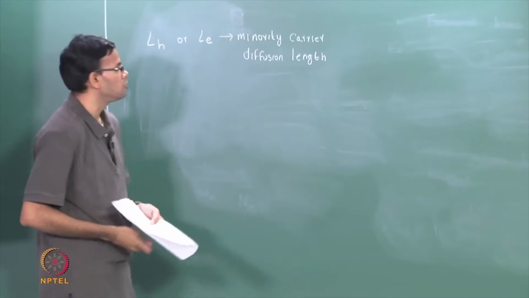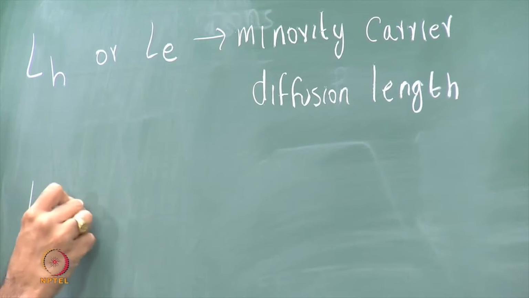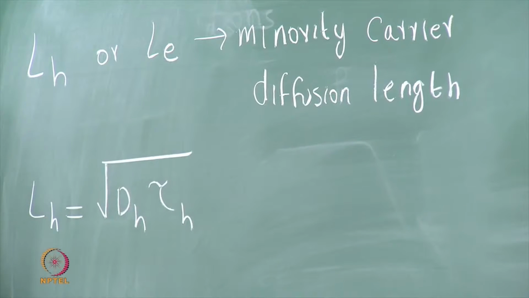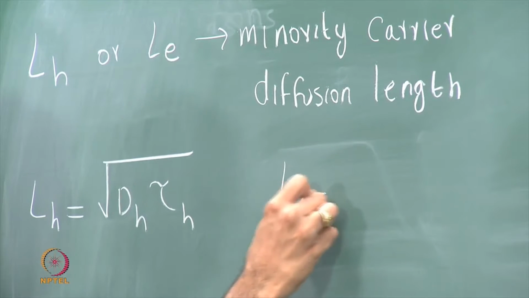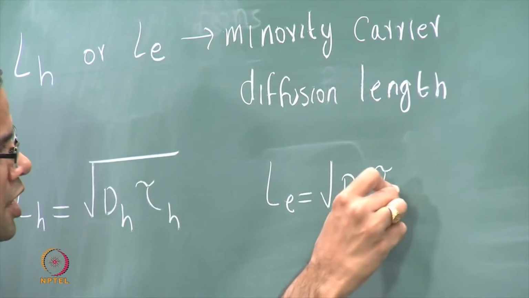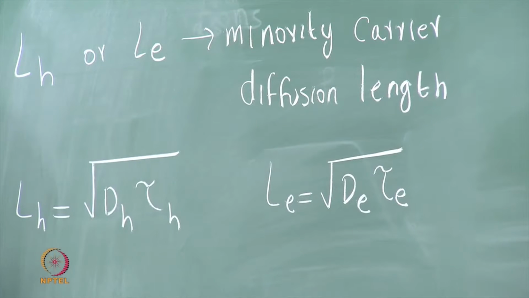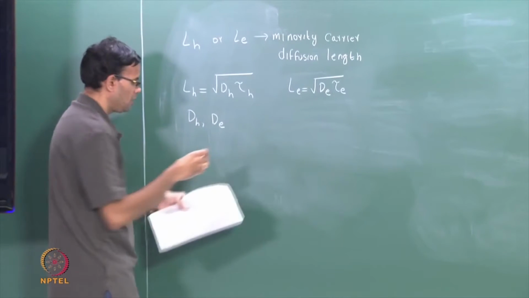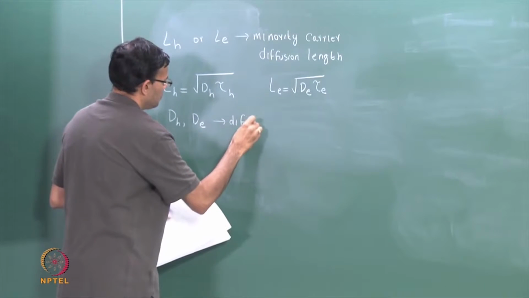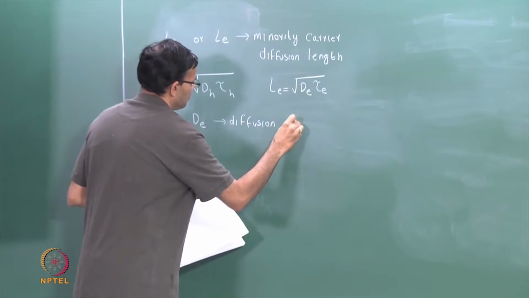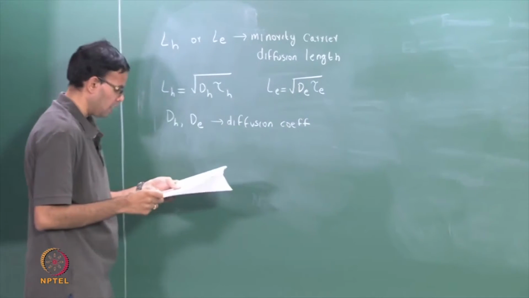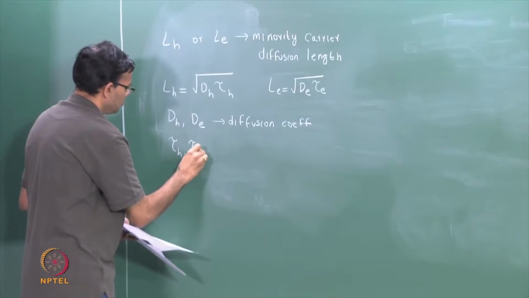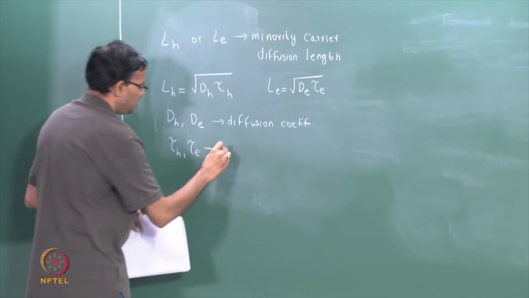We can relate L to a diffusion coefficient, so that L_H is nothing but square root of D_H times tau_h, L_E similarly square root of D_E tau_E. So, D_H and D_E are diffusion coefficients, and tau_h and tau_E are the minority carrier lifetime.